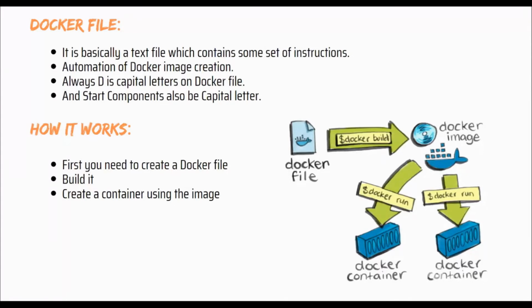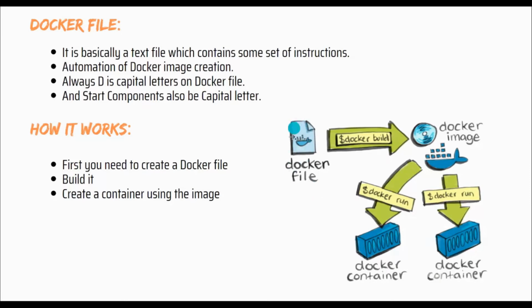So one more time I'm explaining for you guys. A Dockerfile is basically a text file. It is the automation of Docker image creation. So we can create the Docker image with automation. Okay, and the first letter of Dockerfile is a capital D, and every component that we are going to work with in Docker is capital. Okay, so let's understand actually how it works.